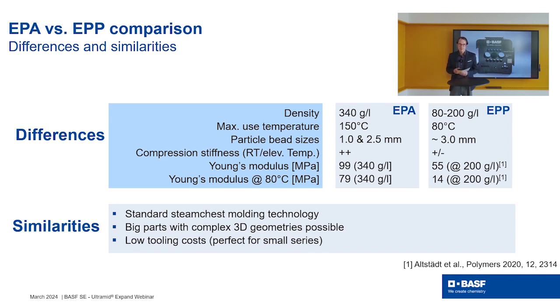You can really realize big parts, which is typical for particle foams, with our Ultramid Expand, and due to the small particle size we can also realize challenging geometries. And a very important aspect is that you have quite low tooling costs here for large parts, since you can work on these cheap aluminium molds.